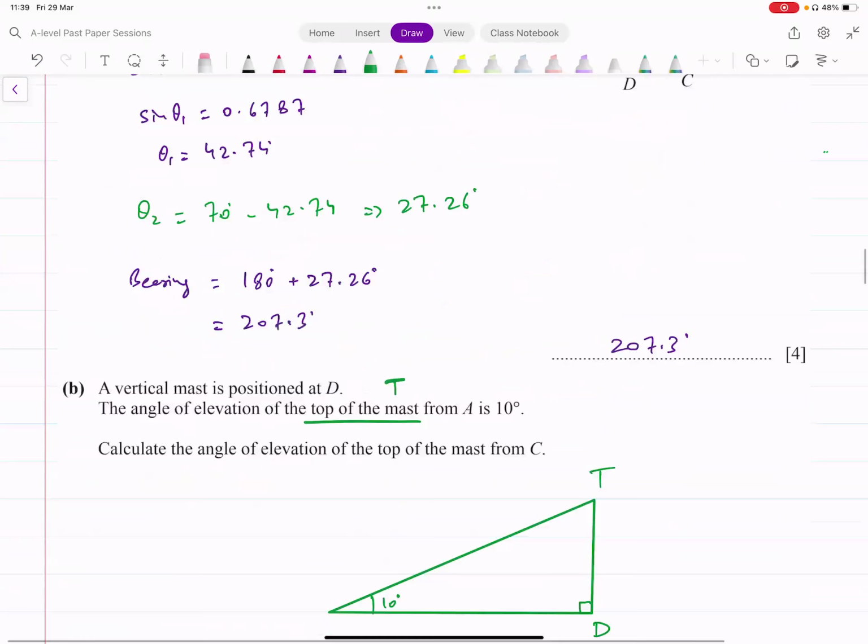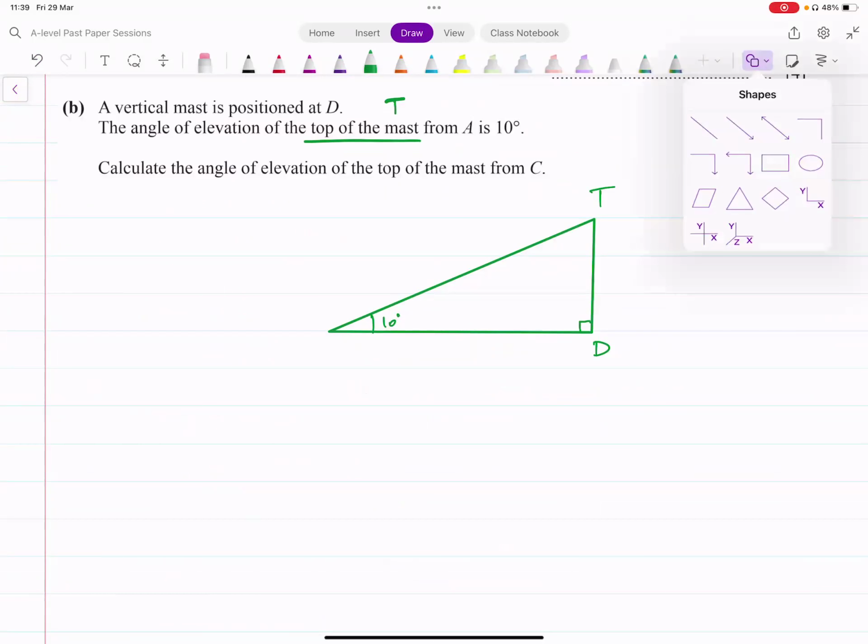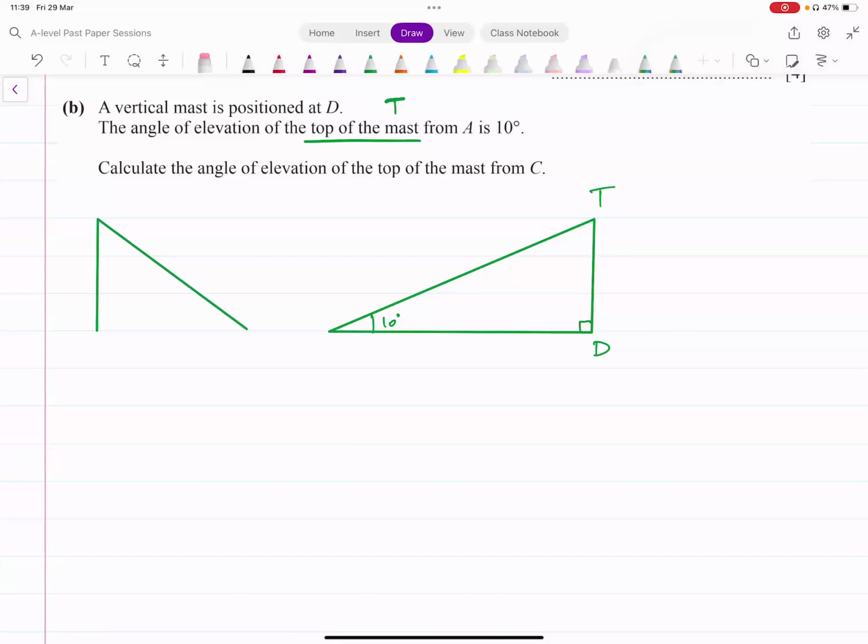It will look something like this, with C. D is at the bottom, and you have a right angle at this point D again. T is on top, and this point is C. We are basically looking for this particular angle. Now, since the mast is vertical, the angles at the point D are both 90. Angle TD with anything else is going to be 90 degrees.